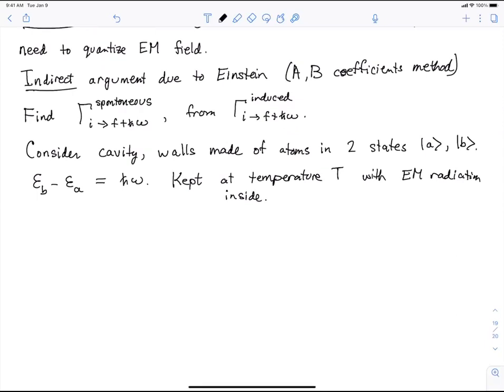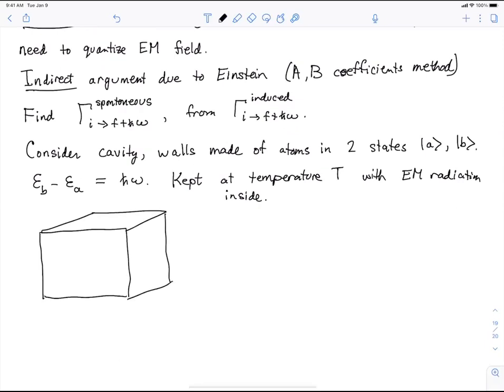Okay, so here's a cartoon picture of what's going on. We've made ourselves a cubic box. On the walls of the box are a bunch of atoms, and they are all in states A or B. Maybe like that. And you're always more likely to have state A because it's lower in energy.